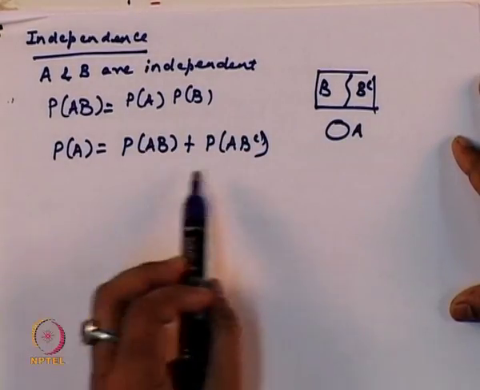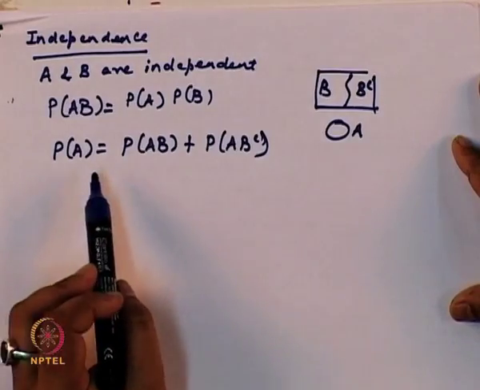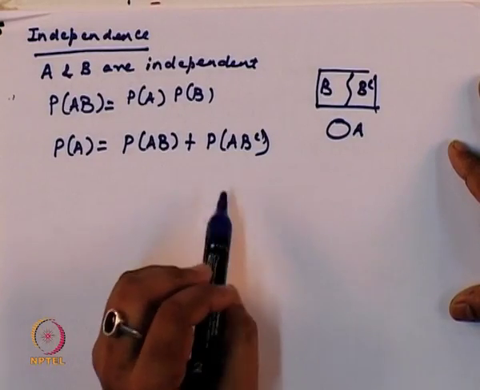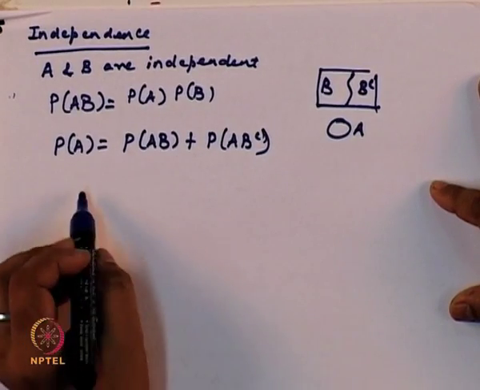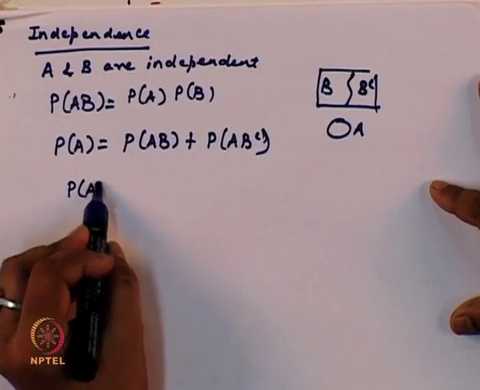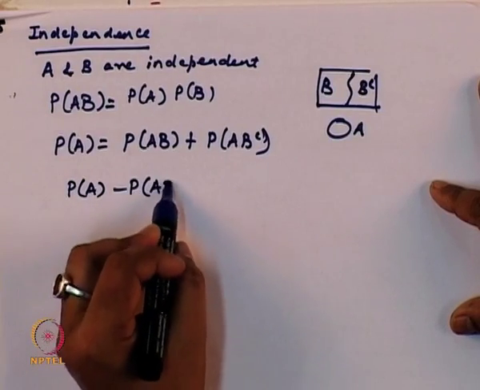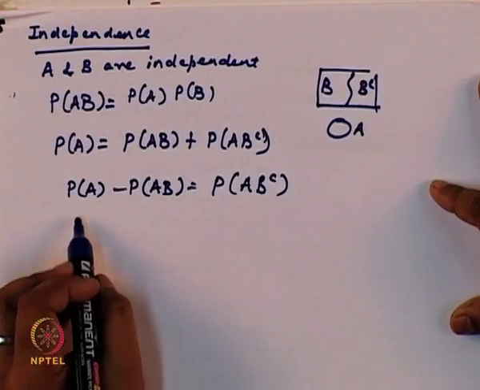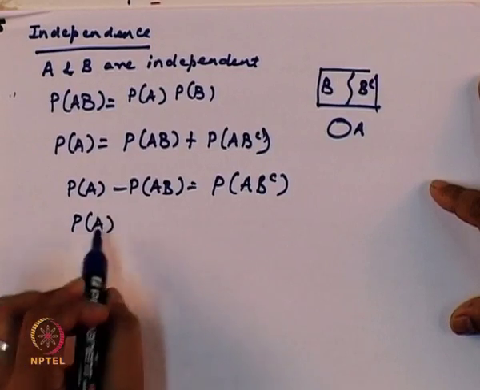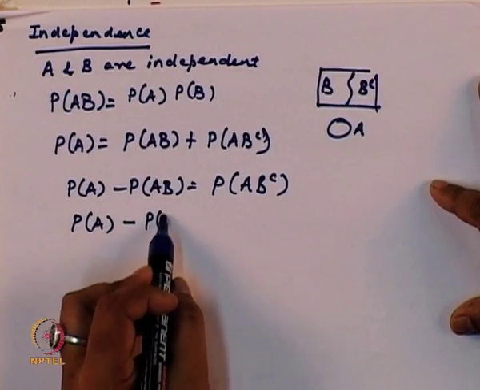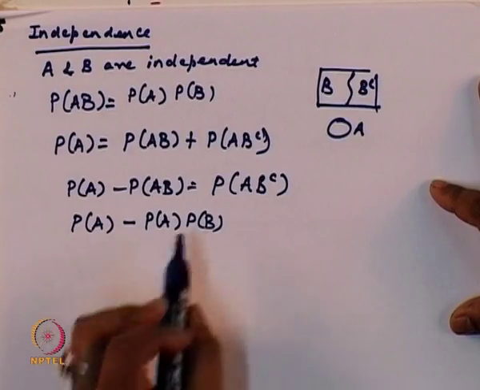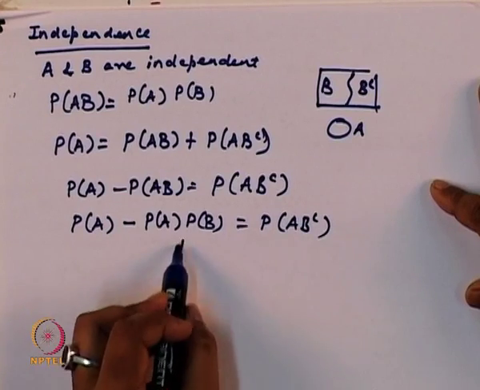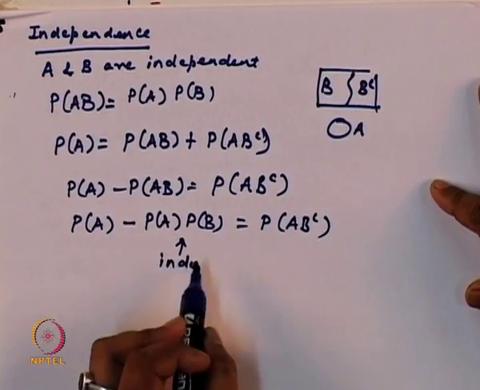Clearly, P of A is P of AB plus P of A B complement. Taking it to the other side, P of A minus P of AB equals the probability of A B complement. This I can simplify, since I have invoked independence here.